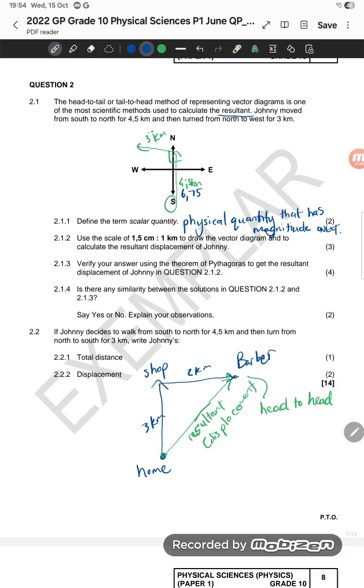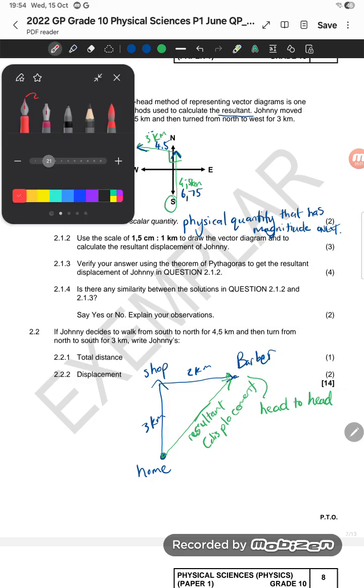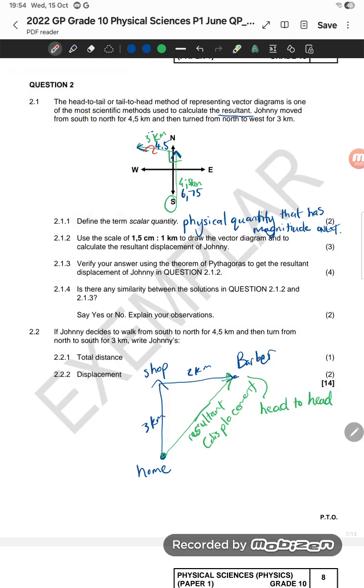Yeah, 4.5. And then you're going to make a nice resultant. Please make sure you put your heads or your arrows, because I need to show the examiner where my resultant is. And the resultant is always head to head. And I can see that that's where I ended.